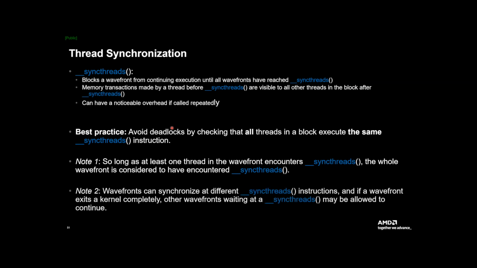The wavefronts can synchronize at different syncthreads instructions. And if your wavefront exits a kernel completely, other wavefronts waiting at syncthreads may be allowed to continue. So depending on what you are doing, you have to be careful whether it's a behavior that you want or don't want. When you go to this level, you need to triple check what you are doing.